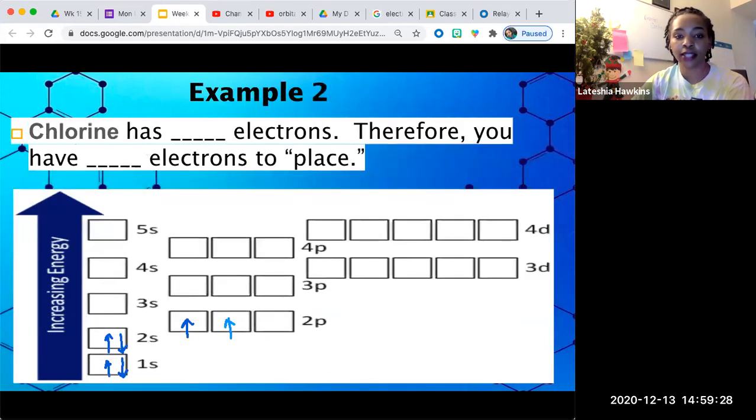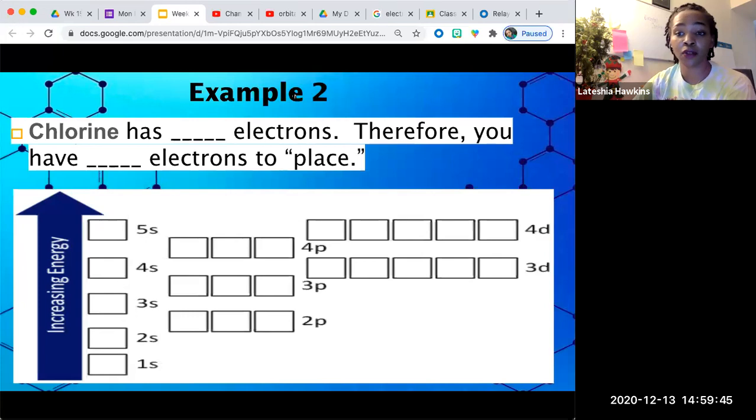All right, second example, chlorine. You first have to ask yourself, how many electrons does chlorine have? Look at your periodic table, find the atomic number.